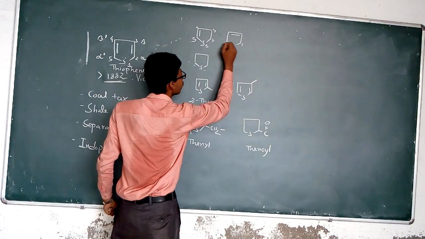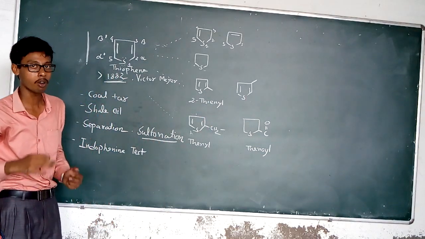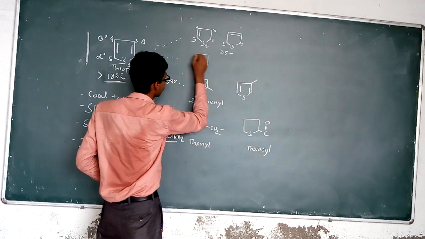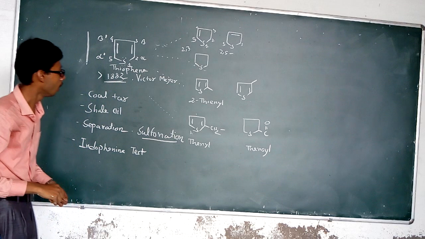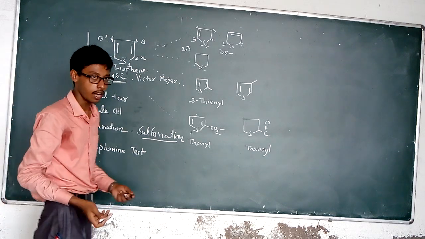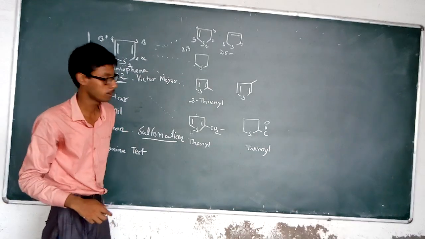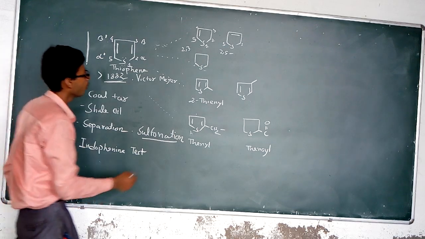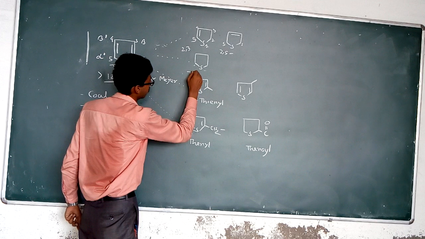Here the 2 and 5 positions are hydrogenated, so the name of this compound is 2,5-dihydrothiophene. When it becomes fully saturated, with hydrogenation of all the pi bonds, it forms 2,3,4,5-tetrahydrothiophene.